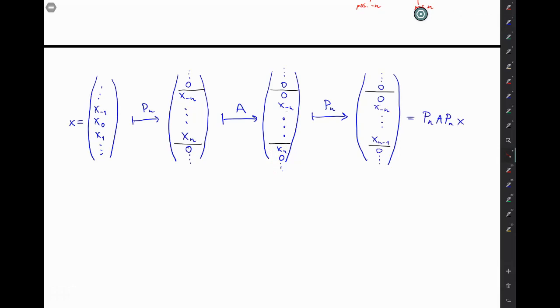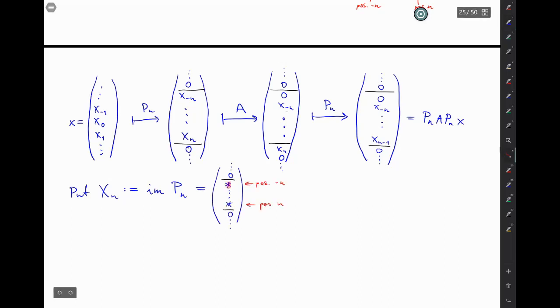Now, if you want to study things like invertibility of Pn A Pn, then, like we said before, you cannot treat this as an operator on the whole sequence space. You have to restrict consideration to your subspaces Xn, which you take to be the image of your truncation operator Pn, which is just the set of all infinite vectors that look like this. And recall our notation where the star is just like a wildcard character.